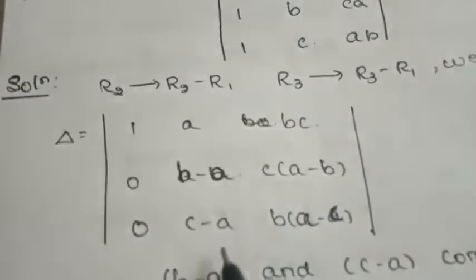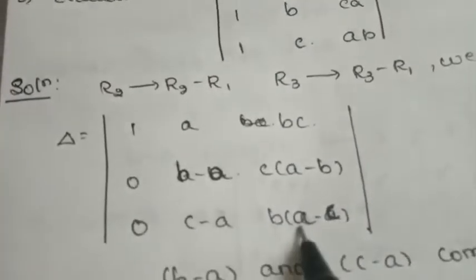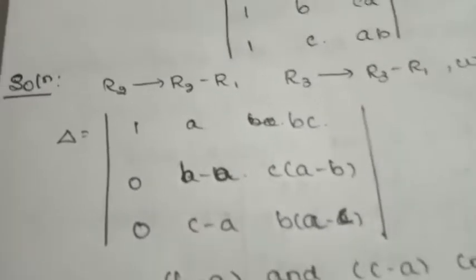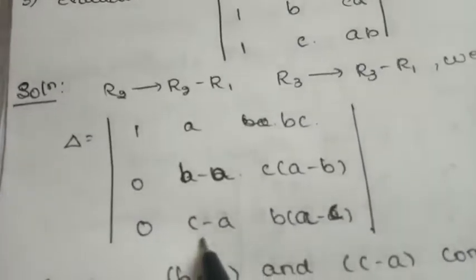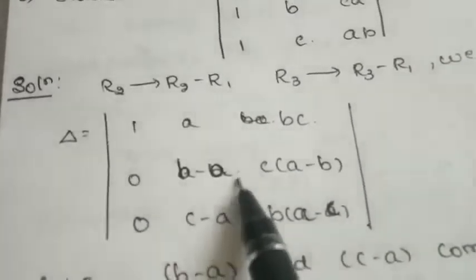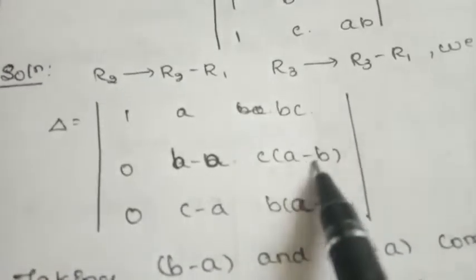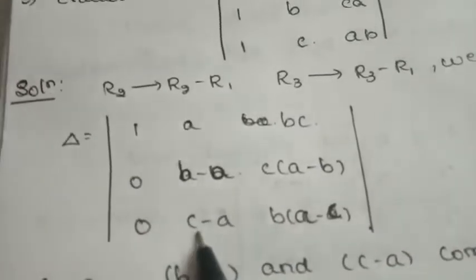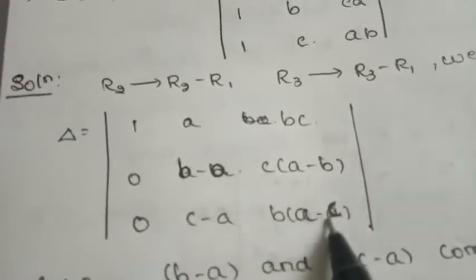If I take A minus B common outside, what is remaining here is minus 1. Here also, if I take A minus C common outside, it is remaining minus 1. Suppose if I take B minus A common outside, here it is remaining minus 1. If I take C minus A common outside, here it is remaining minus 1.